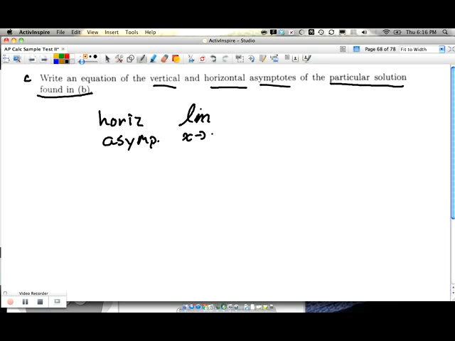So we're looking at the limit as x goes to infinity of x over x plus c, and then also of x over x plus c as we go to negative infinity. These are actually equal to each other, because if I multiply top and bottom by 1 over x, I get 1 over 1 plus c over x.